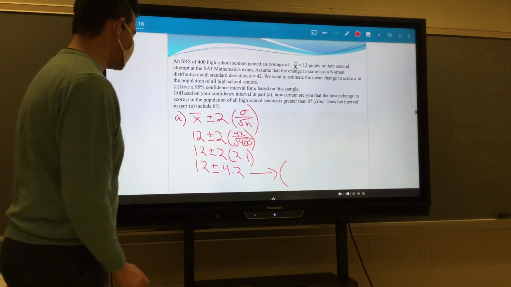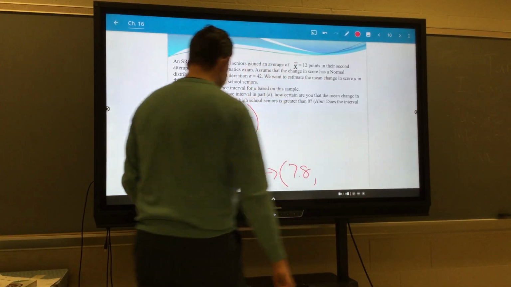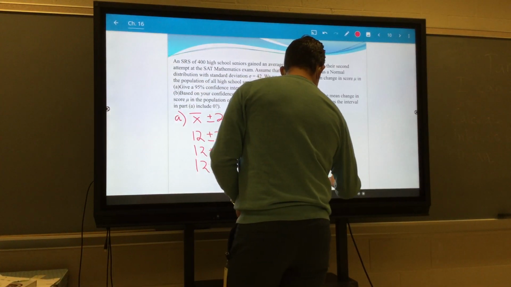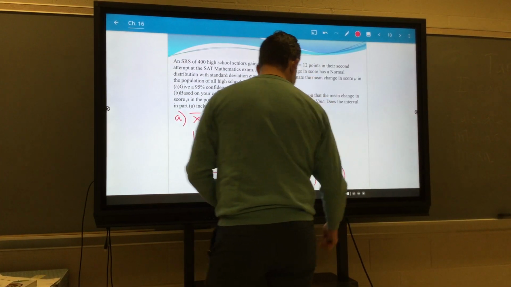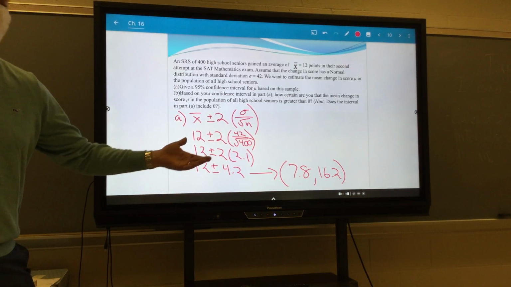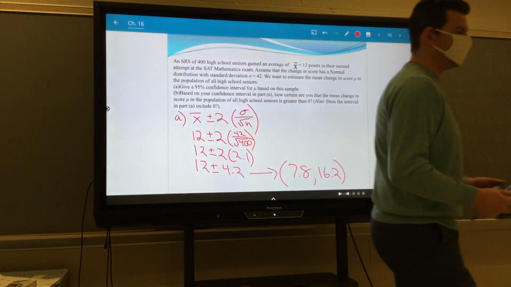12 minus 4.2 takes us down to 7.8. 12 plus 4.2 takes us to 16.2. And this is how we show a confidence interval, kind of like an ordered pair: lower boundary, then upper boundary.